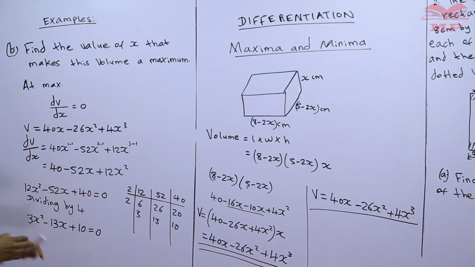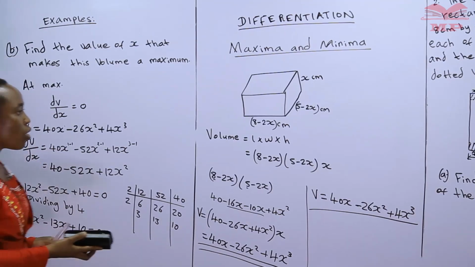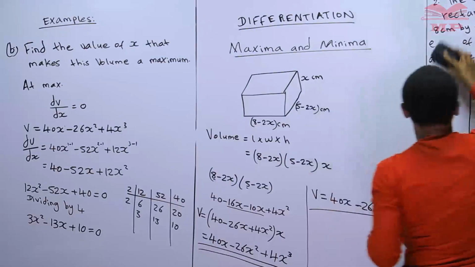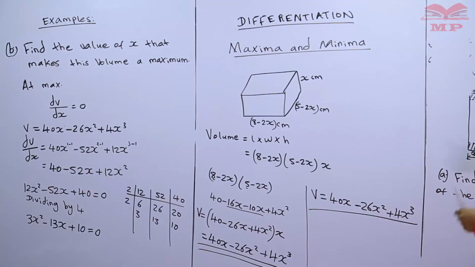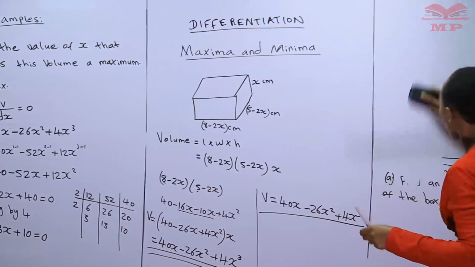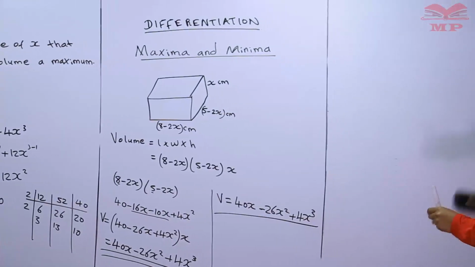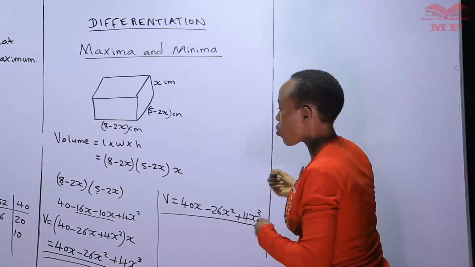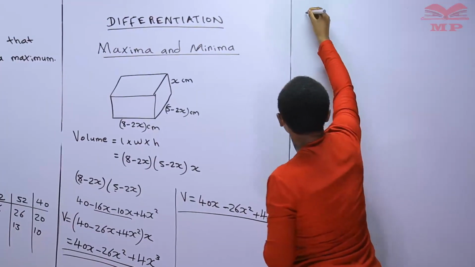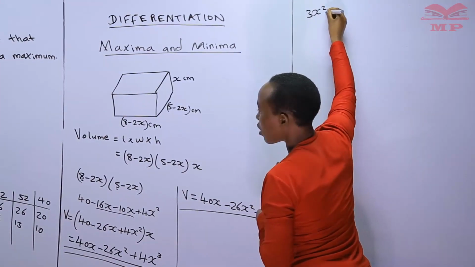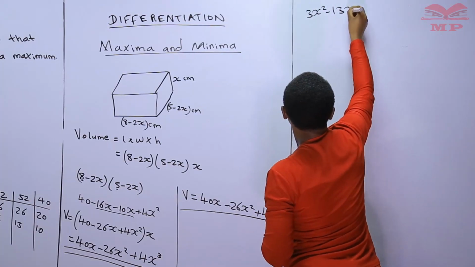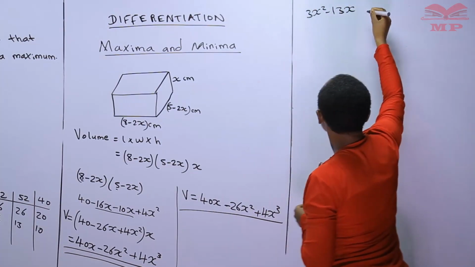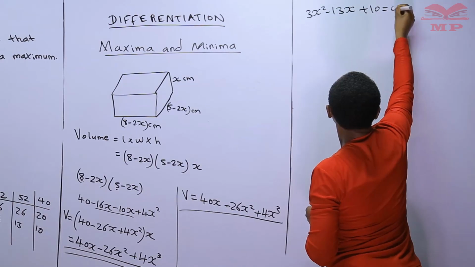So we solve that quadratic equation to get the values of x, and then we are going to get the value of x whereby the volume is maximum. So in this, we have 3x squared minus 13x plus 10 is equal to 0.